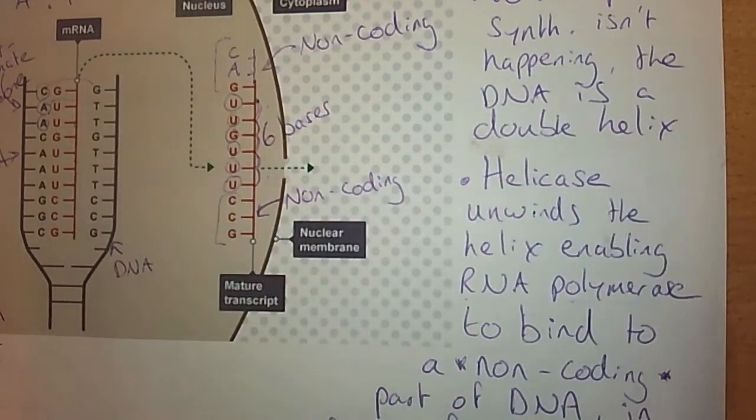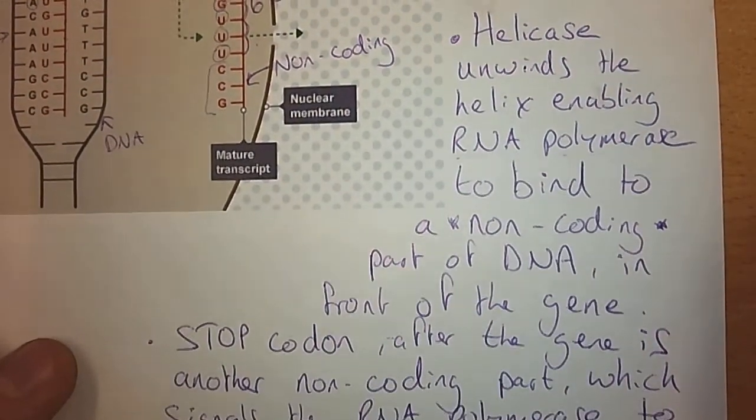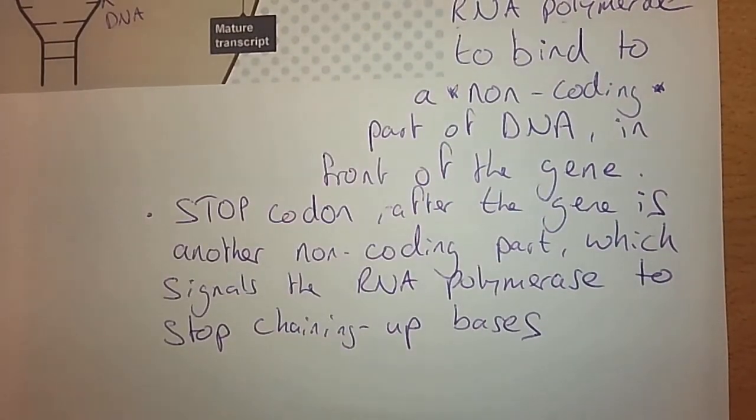Otherwise it would just keep going on forever and ever, and that's no use. We don't need all the extra stuff. The protein just needs these 6 bases, we're saying. So the stop codon is after the gene. It's another non-coding part. It signals to the RNA polymerase to stop chaining up bases.